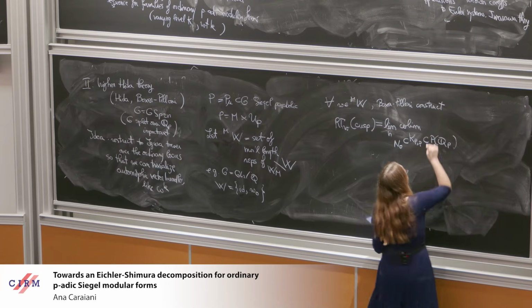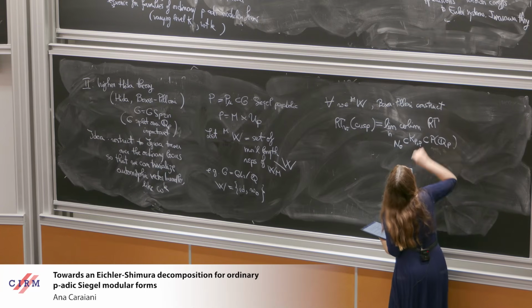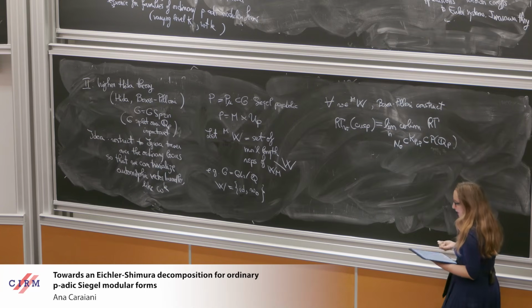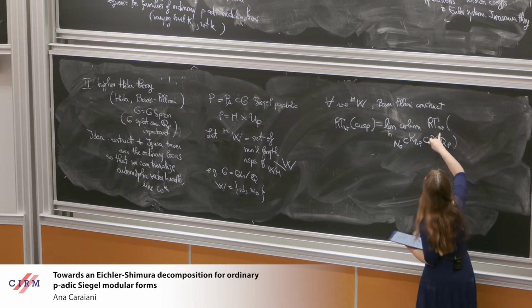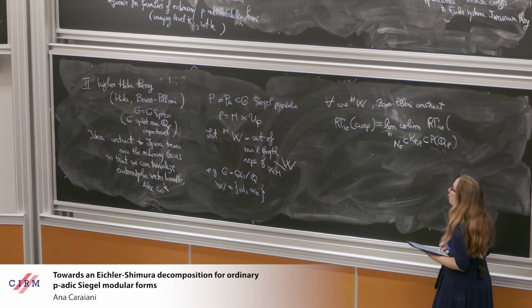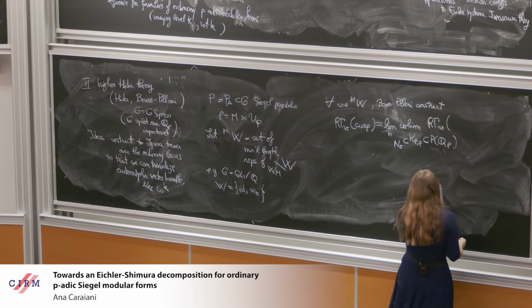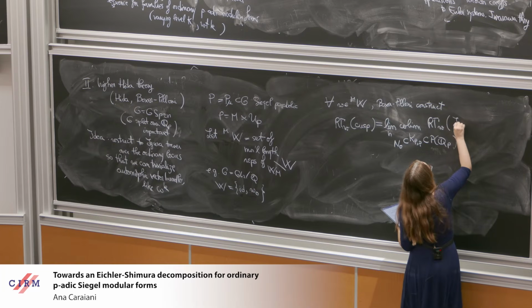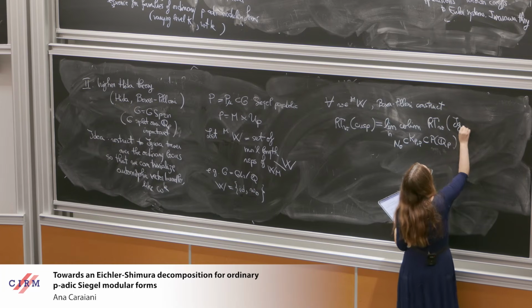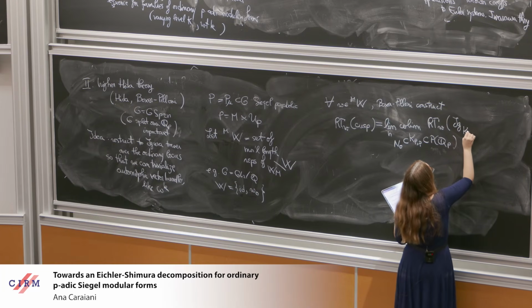And now you have to take some cohomology, and this is going to be coherent cohomology of some Igusa tower. But something very important is it's coherent cohomology with some kind of partial compact support that depends on the Weyl group element. And then you have an Igusa tower at this level.